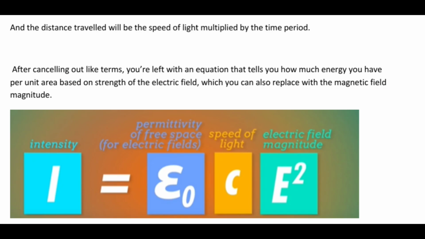And the distance traveled will be the speed of light multiplied by the time period. After canceling out like terms, you're left with an equation that tells you how much energy you have per unit area based on the strength of the electric field, which you can also replace with the magnetic field magnitude.